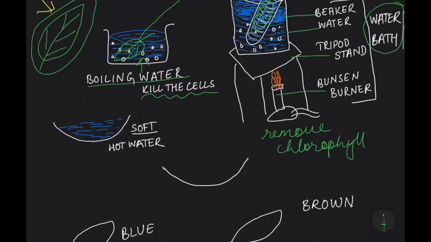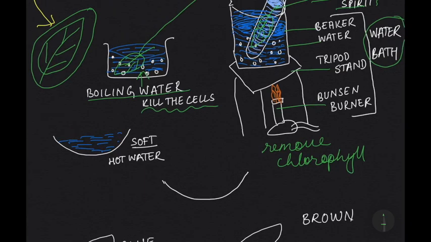After that, we remove the leaf from the methylated spirit, and when we look at the leaf, it becomes hard and brittle. That means it becomes very dry, like dry leaves. If you place dry leaves in your hands and crush them, you can see that they will easily break into small pieces. That means it is brittle.